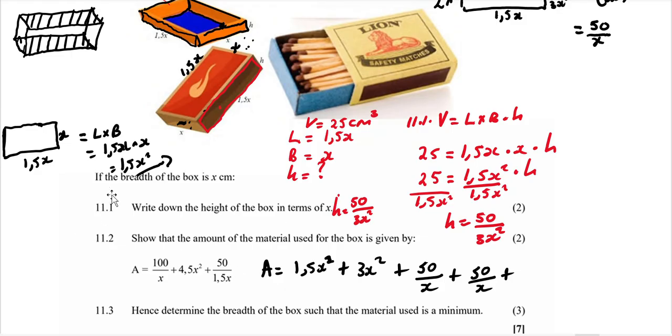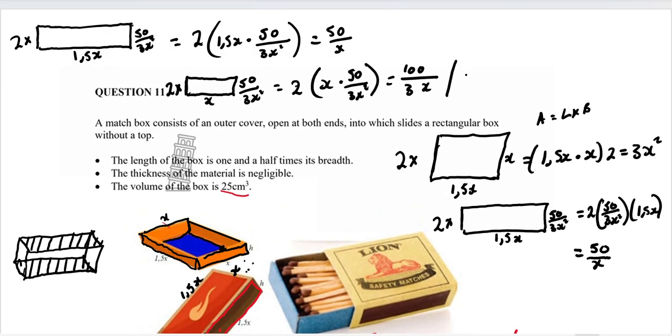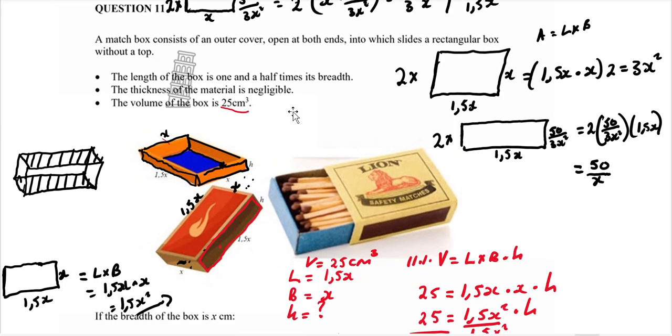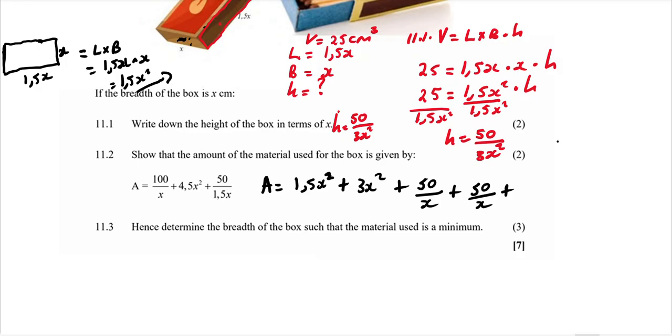Let's write it here, or if you don't believe, just pass the calculator. This 50 all over 1,5x is the same as 100 over 3x. You must know that. Just because there they didn't put 100 over 3x, they put 50 all over 1,5x. Let's put 50 all over 1,5x here.